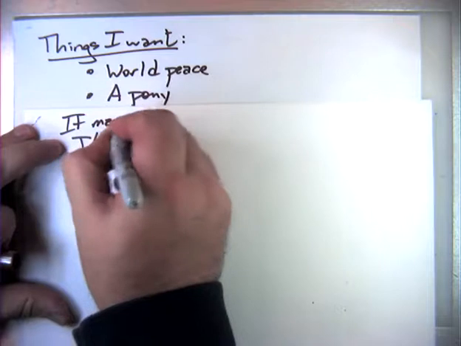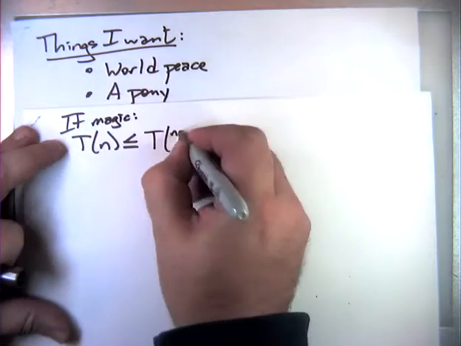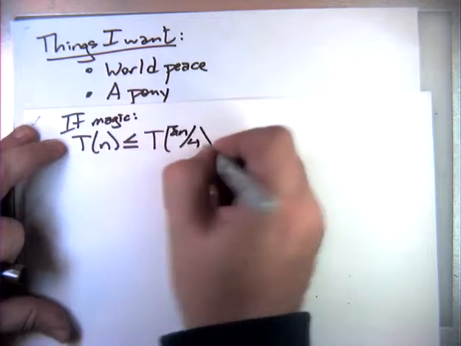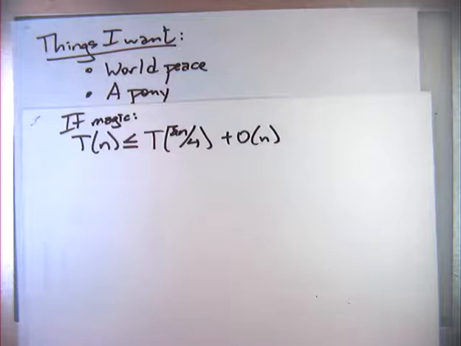If somehow I have magic, I'm going to end up with a running time that looks like this. I need linear time to partition, and if somehow magically I can guarantee that that initial pivot is in the middle half of the array, then the subproblem I'm recursing on has size 3n/4.